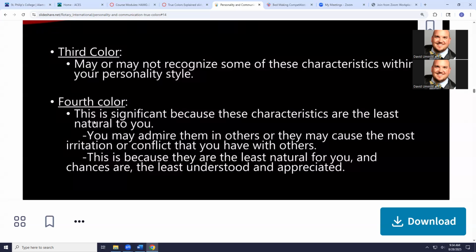The more time you can spend in your genius, the more you enjoy being at work. The more time you spend outside of your genius, the more you dread going to work. So it's the same thing: understanding not only what our personality is, but the personality and traits of the people that we're working with is really important.